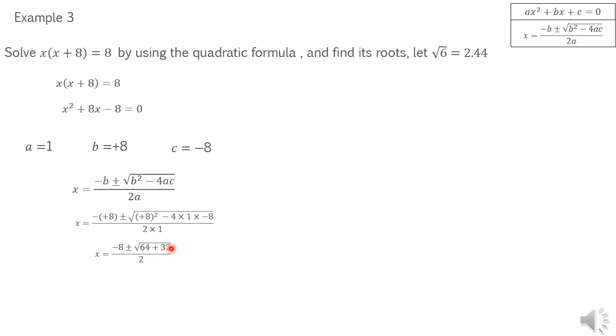So take the value inside the square root: negative 8 plus or minus square root of 64 plus 32, that is 96. Now to find x, you need square root 96, but they have given square root 6 only.